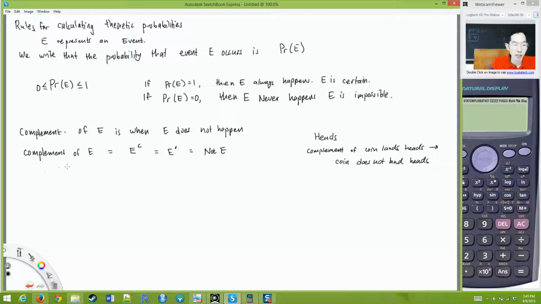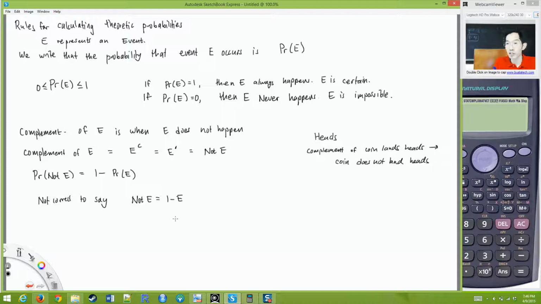All right, so we write complement of E as any of these things. So the probability of the complement, so probability of not E, is equal to 1 minus the probability of E. Okay? Notice I'm writing the probability of not E. It is wrong to say not E equals 1 minus E, all right? Because E is an event. It's not a number, it's not a quantity.